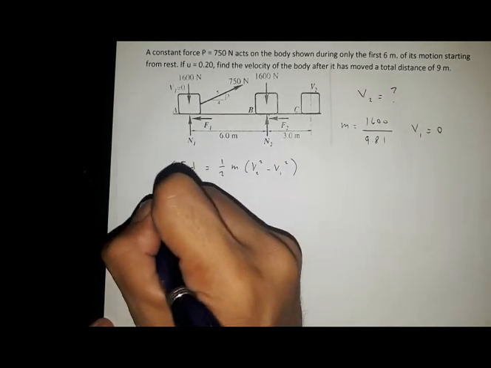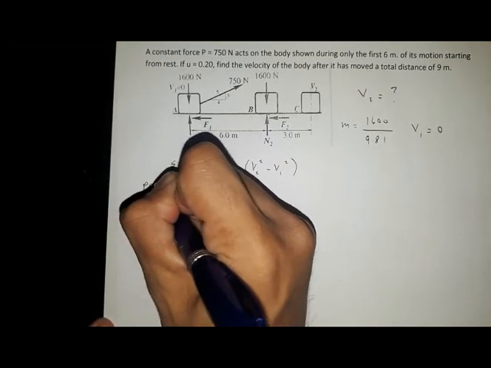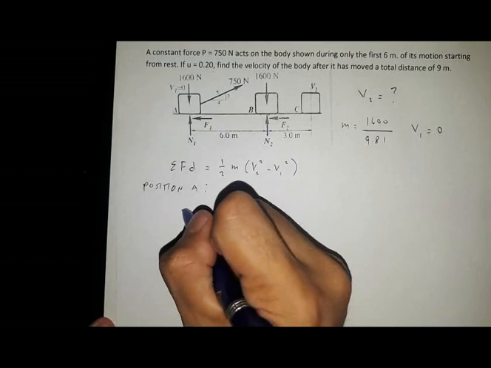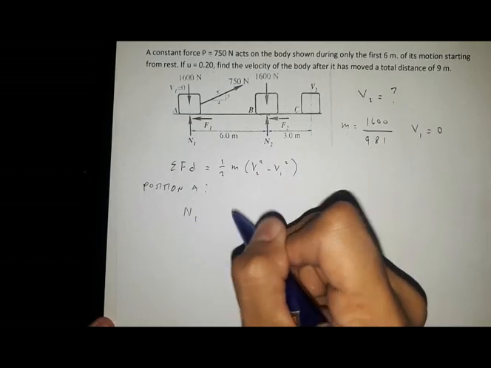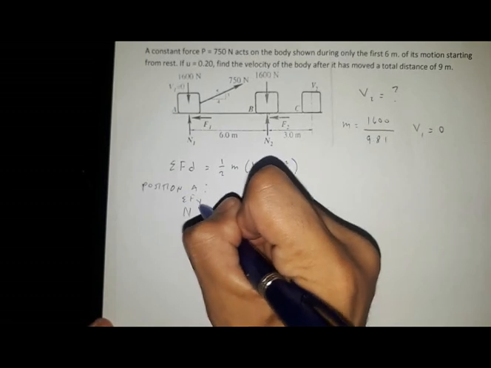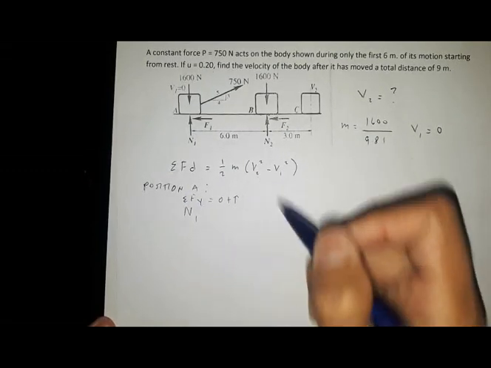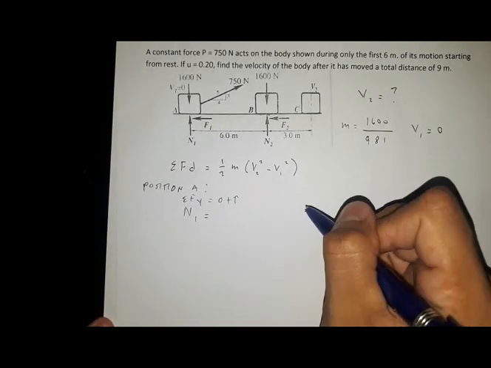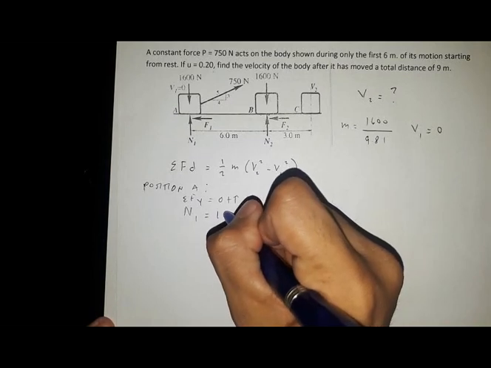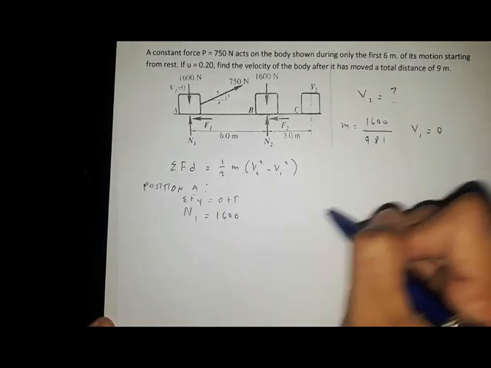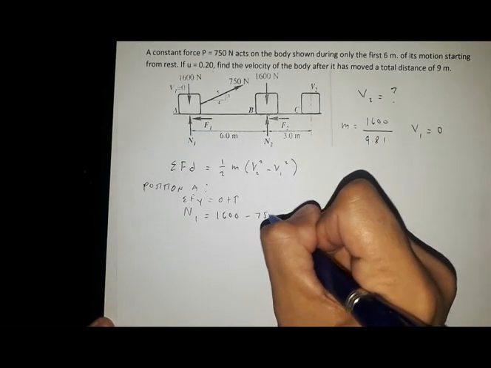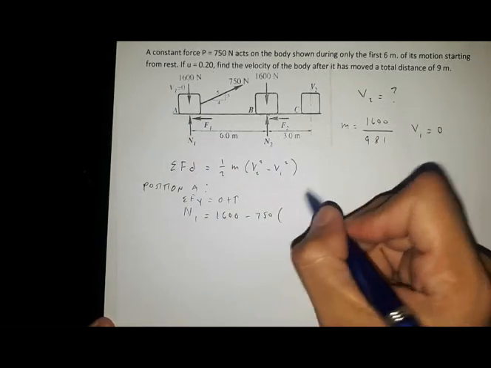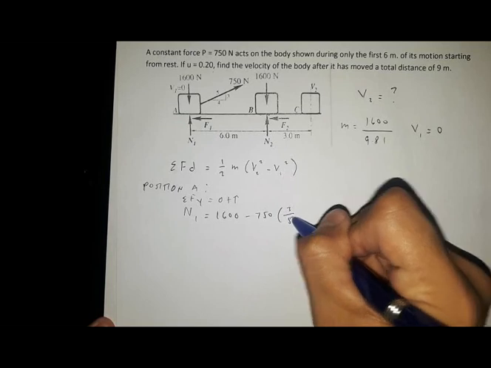Okay, so for position A, your N1, by summation of forces along y equals 0, your N1 is equal to 1,600 minus 750 times the y component of the force, which is 3 over 5.